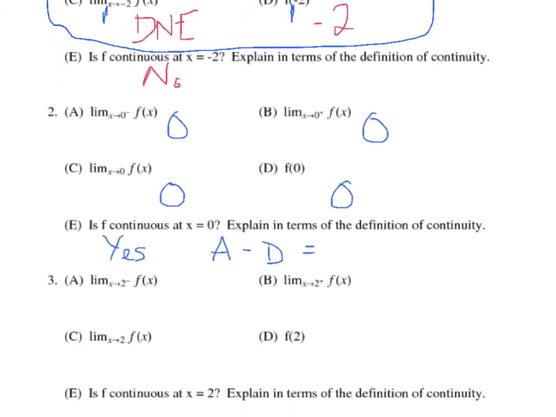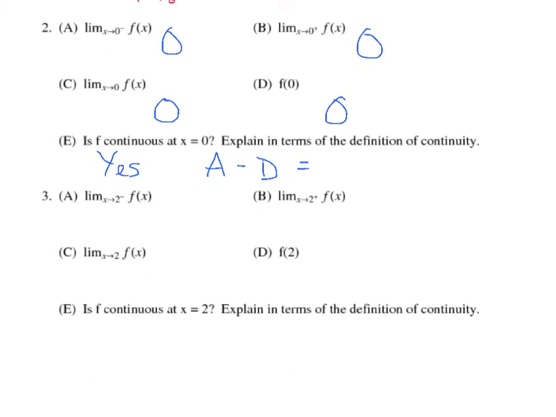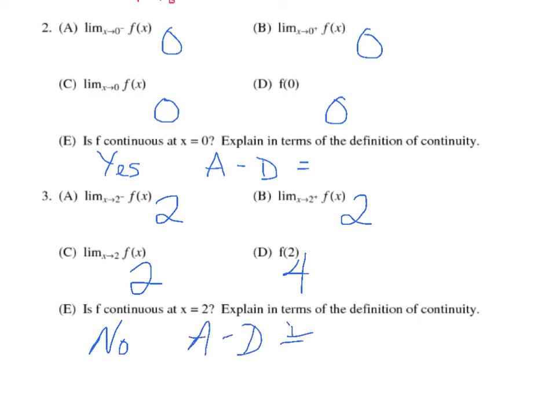So we go down here, let's just answer that. The limit was 2. The limit was 2. The limit was 2. But the function's value is 4, so is it continuous? The answer is no. And it's because A through D, those answers, aren't equal.